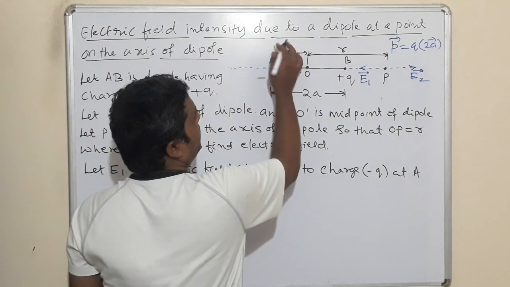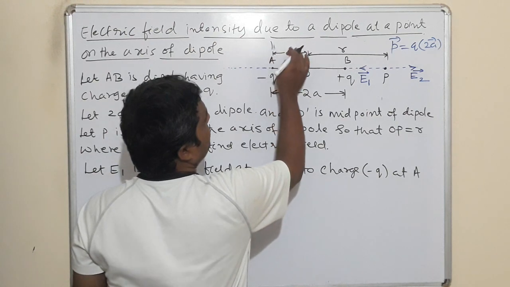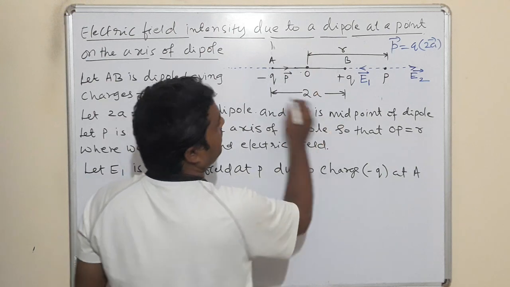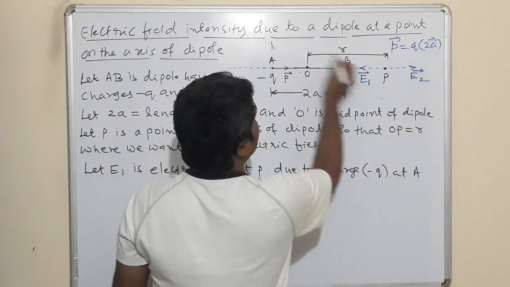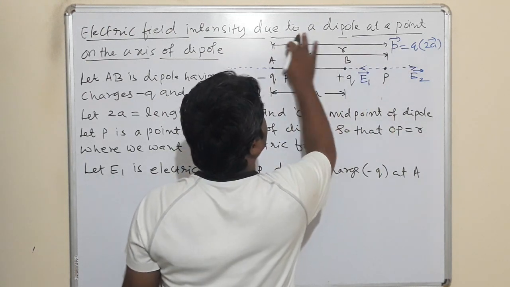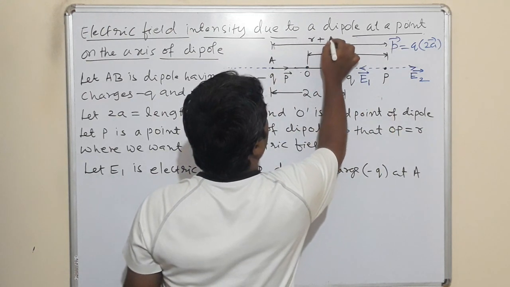We know this is A. The distance between this minus charge and the point P is R plus A.